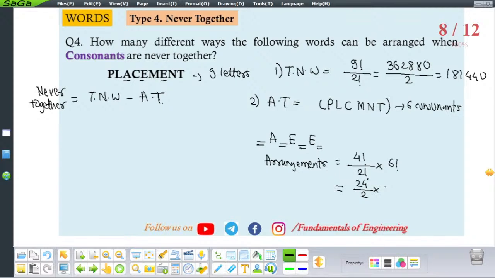So by using that, if you multiply 12 with 720, we are getting the answer as 8640, right? So always together is 8640, and this is total number of ways. So put into this formula: total number of ways 181440 minus 8640.